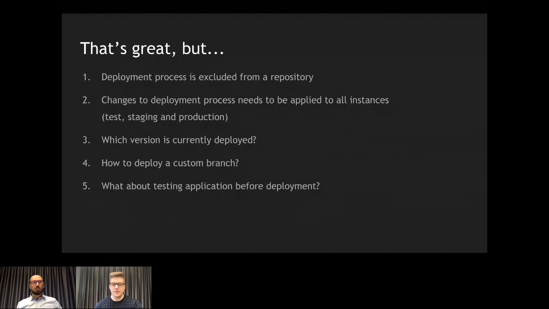Also, the changes to the deployment process need to be applied to all instances. So not only to the one instance that handles our production, or multiple instances that handle that, but also to our test and staging environments.